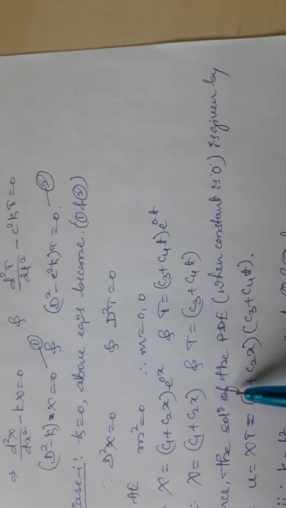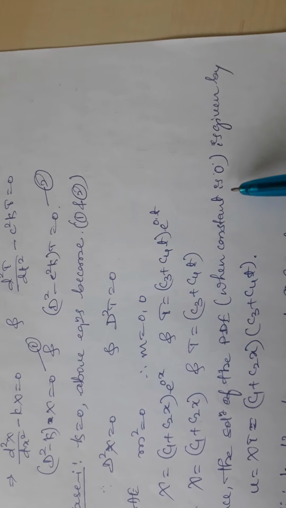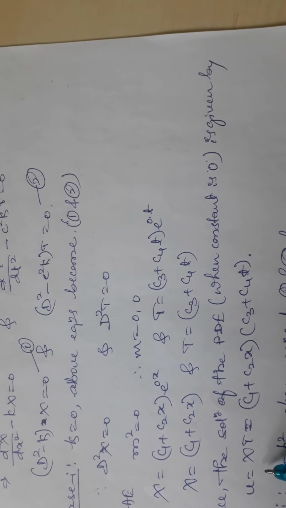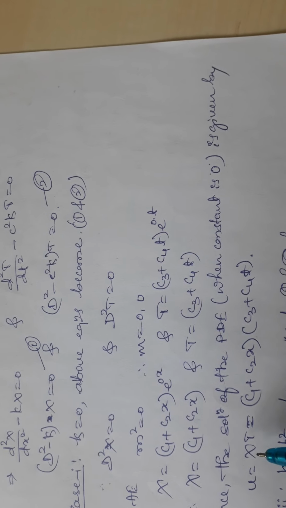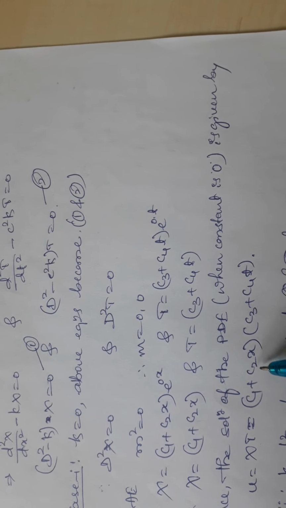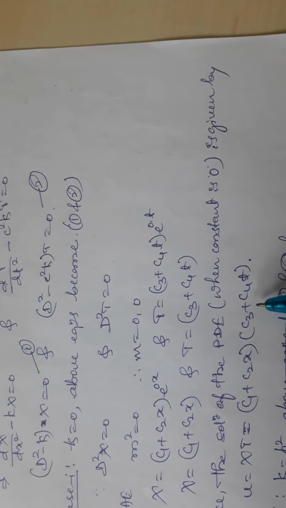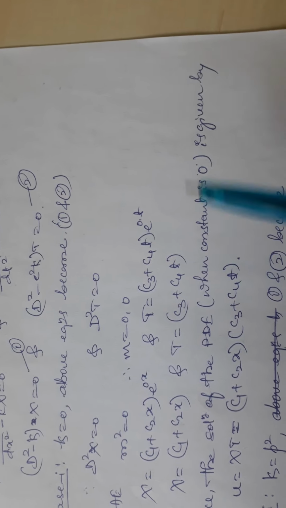Hence, the solution of the PDE when the constant is 0 is given by u = XT, the product of X and T, that is (c1 + c2 x)(c3 + c4 t).